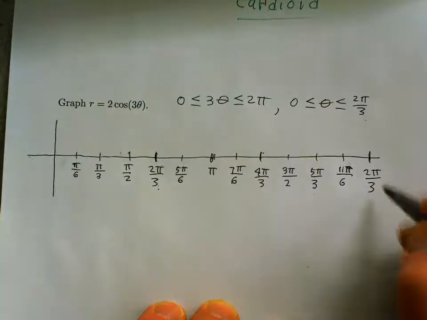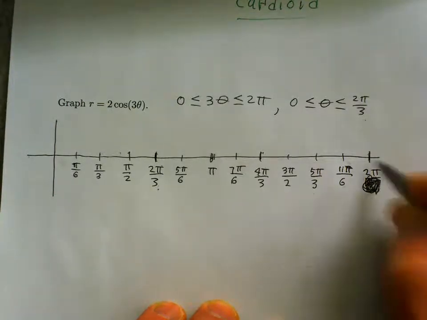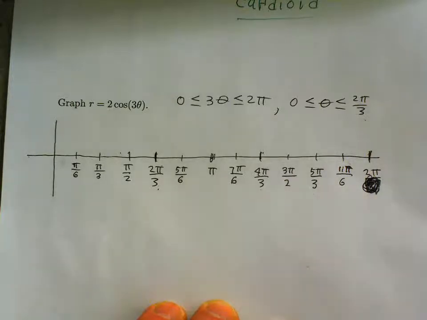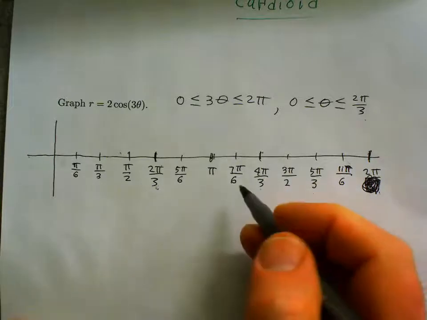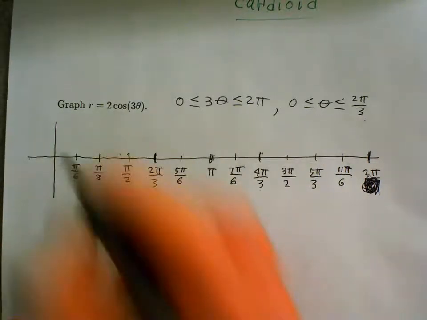Sorry, I mislabeled this last one. This last end point is supposed to be 2 pi, because 2 pi over 3 is already over here. Okay, the amplitude of this is 2 units.